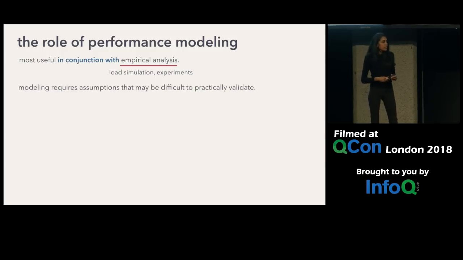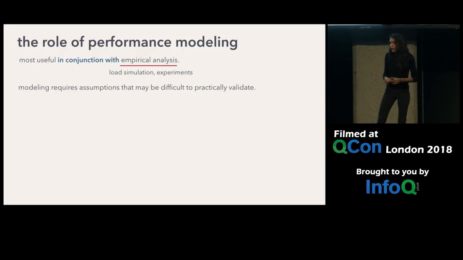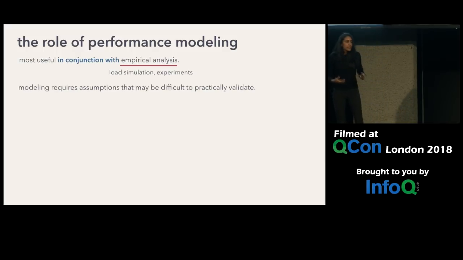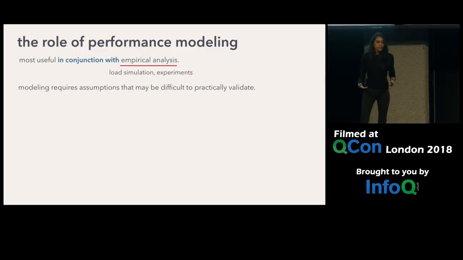For example, the queuing theory models we looked at require you to know your service time distribution, or at least its mean and variance. And in practice, this is difficult to get, right? Because even before the request hits your application, where you can instrument it, it's going to spend time in TCP queues and what have you.